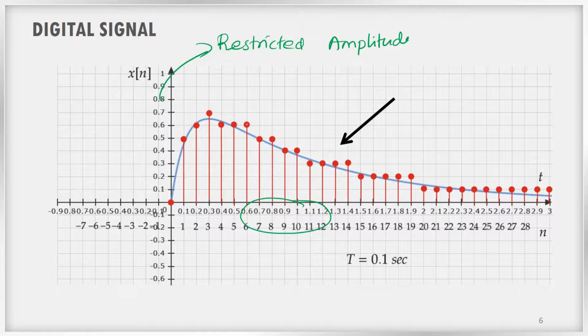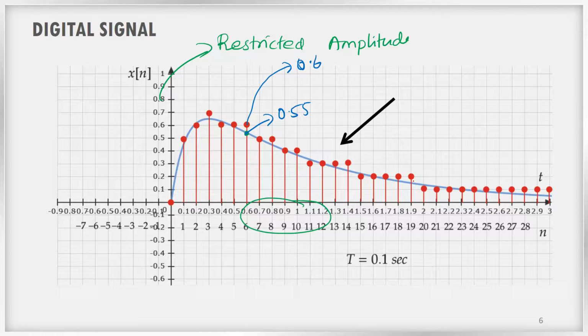For example, see this point, actually it is somewhere around 0.55, right? But we cannot allow that because that is restricted. So it will be considered as 0.6.